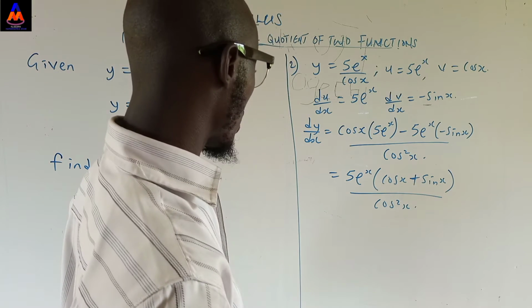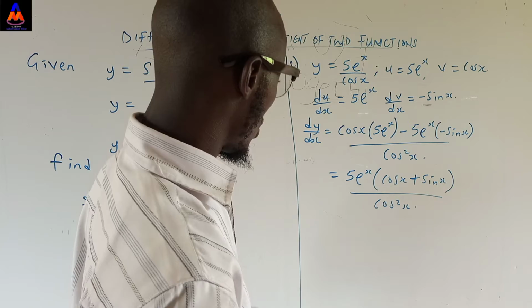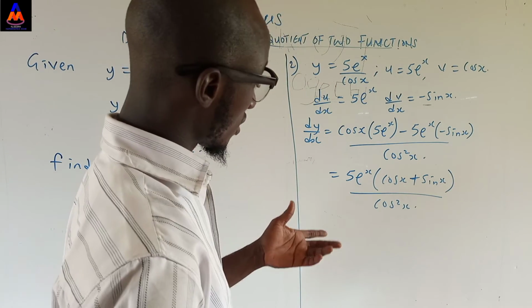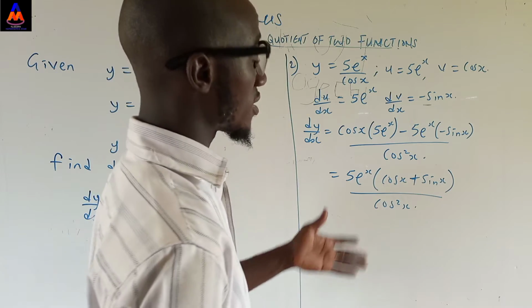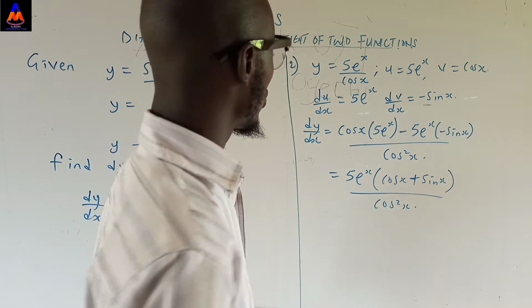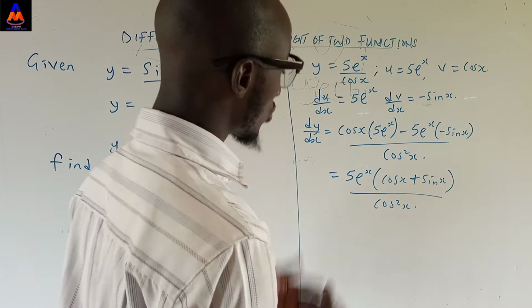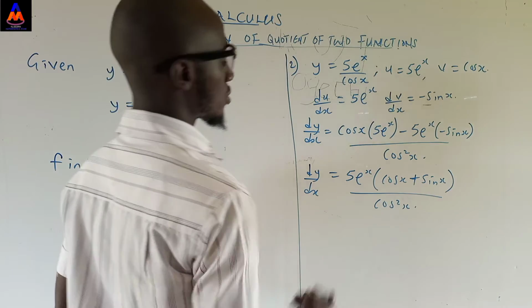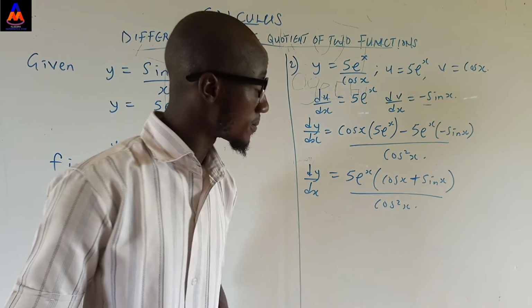I'm looking at any manipulation that can be done to this. Of course, we have the trigonometric identity cos squared x plus sine squared x is equal to 1, so I could write the denominator as 1 minus sine squared x, but that is not necessary here. So we just leave our answer like this. So dy/dx is equal to this, and that's our final answer.